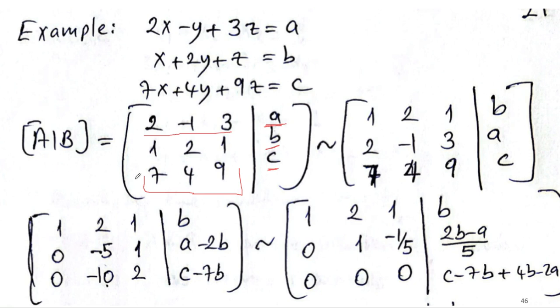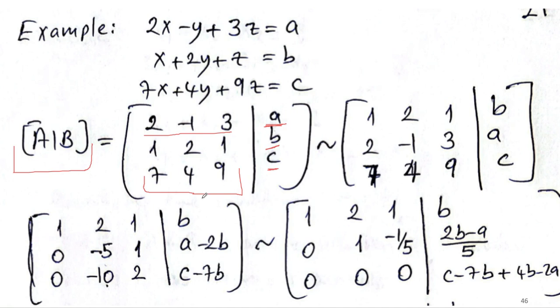Once we have written this augmented matrix, we start to do our row operations in order to get these below the diagonal terms equal to 0. Because remember, if we can get these equal to 0, the last row will give us the solution for the last unknown variable easily, and then we can plug into the previous equations to get the remaining variables.